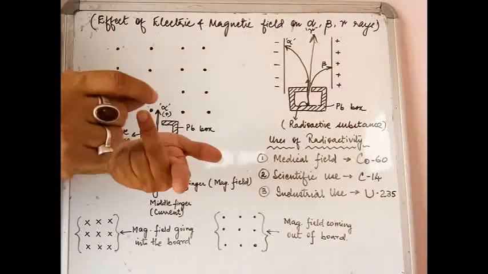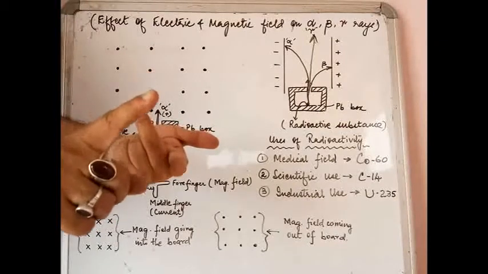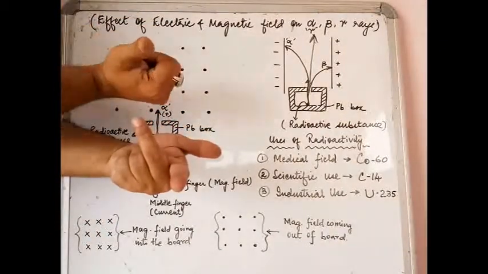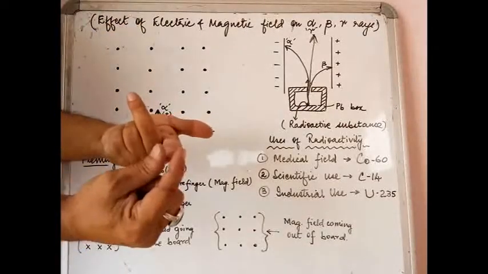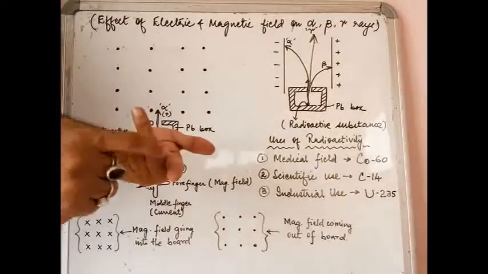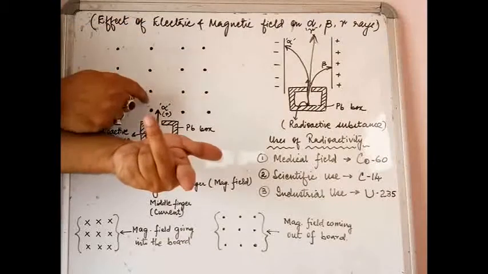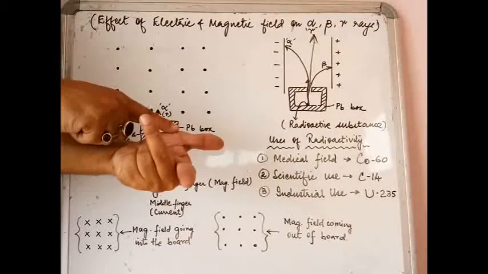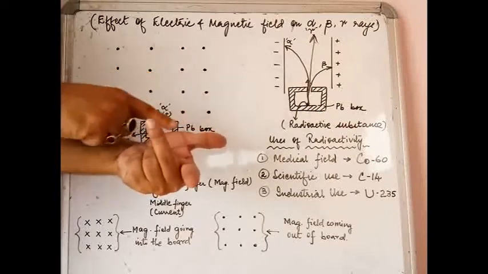Now while you do this, you must ensure that your forefinger should not be disturbed. Remember, your forefinger showed the magnetic field coming out of the board. So it is still out of the board. The middle finger is going in the upward direction. Once you are able to set these two up properly according to the setup, then automatically you will see that the third finger, which is your thumb, will point in a particular direction.